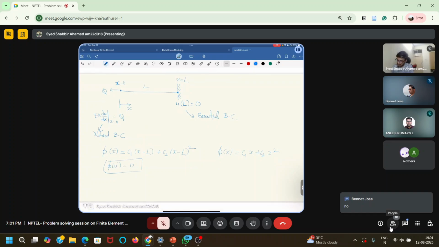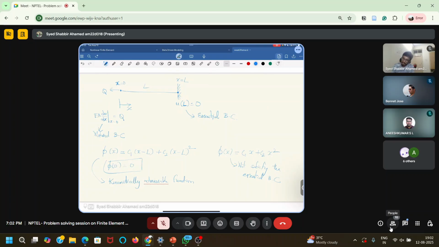So this will not satisfy the essential boundary condition. So the earlier one is a kinematically admissible function or solution which can be considered.